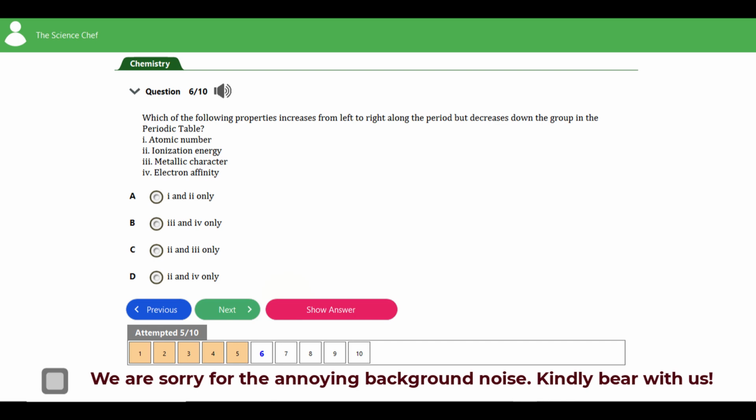Electron affinity has a similar trend to ionization energy. Electron affinity is the energy released when an electron is added to a gaseous atom to form a gaseous ion. For that to happen, remember the electron you are adding is negatively charged, while the electrons that are already present in the atom are also negatively charged.